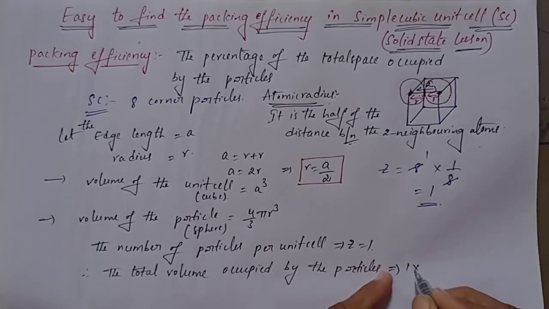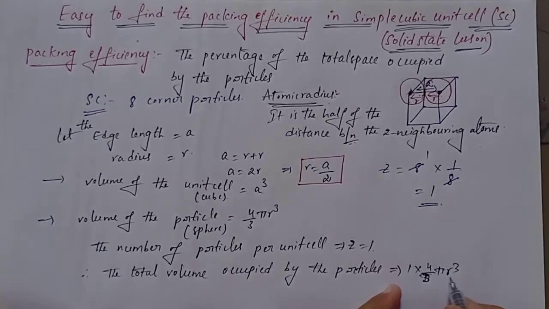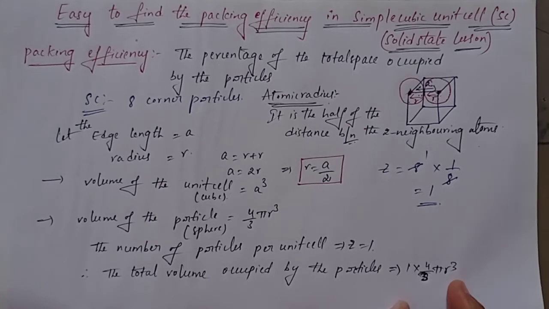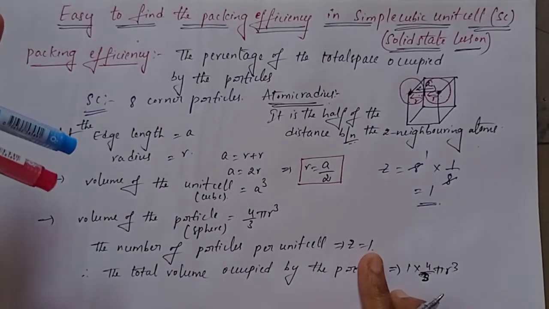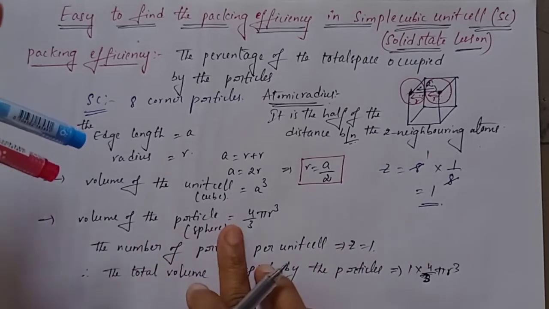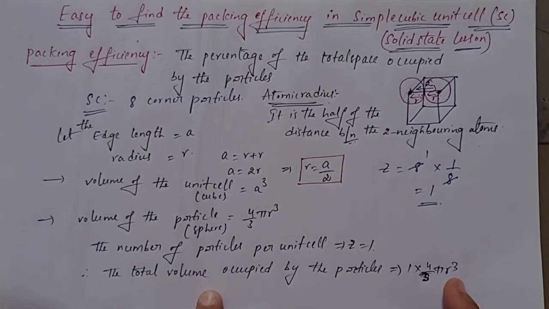That is Z into 4/3 πr³, 1 into 4/3 πr³. So here the total number of particles is 1 in the SC, simple cubic unit cell, and the volume of the particle is 4/3 πr³. The total volume is Z into 4/3 πr³.